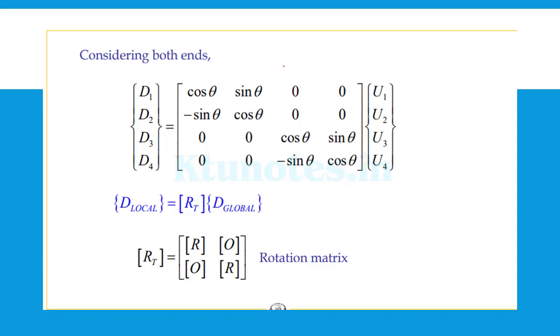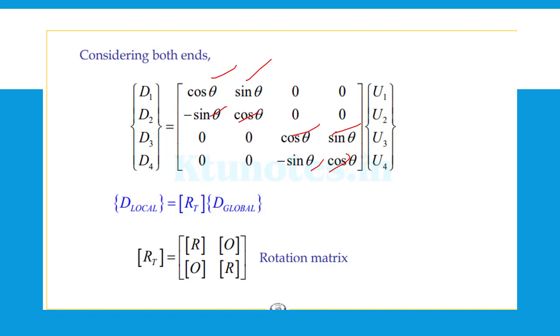Clubbing all those things will give you cos theta sin theta, cos theta sin theta minus sin theta cos theta. It will be a replica. So d is equal to the matrix into u matrix. So d local is equal to r transpose into d global.